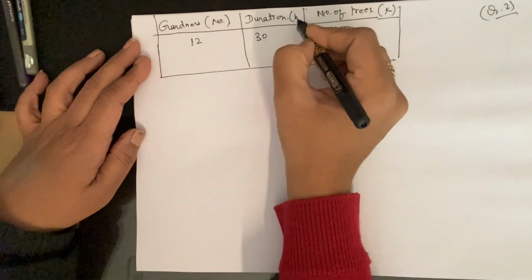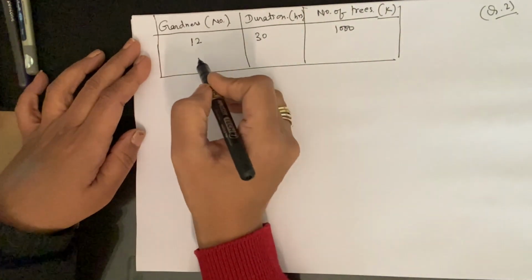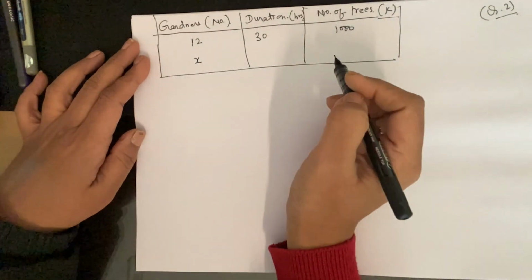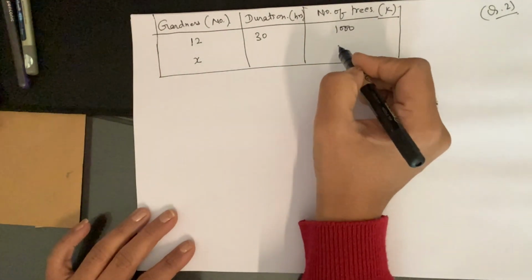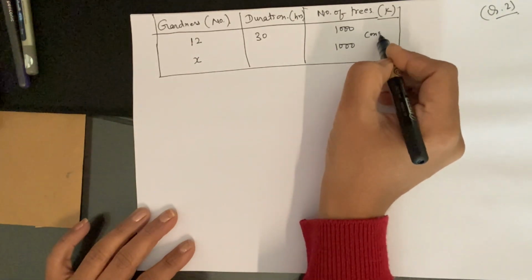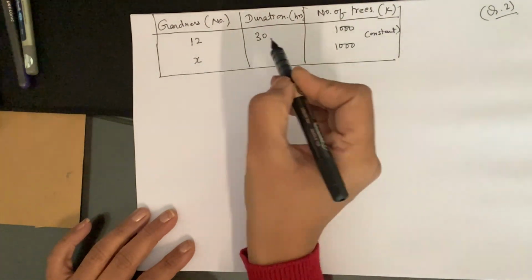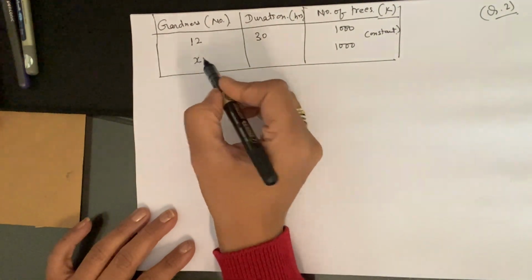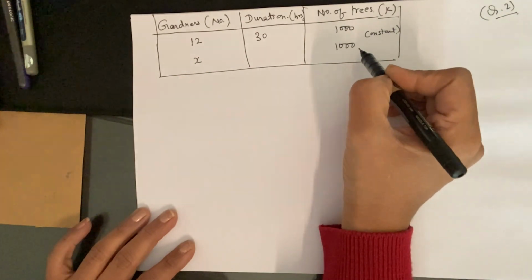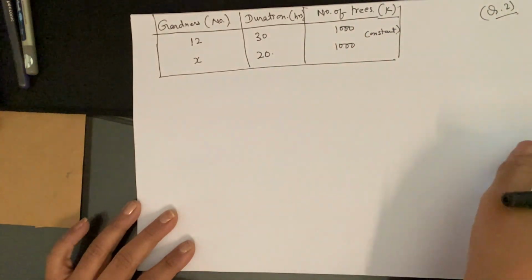So the duration is in hours, right? So we have to find how many gardeners will be required if they have to plant the same number of trees, that is constant here, right? So number of trees is constant. So we have to define how many gardeners are required if you have to plant the same number of trees in 20 hours.